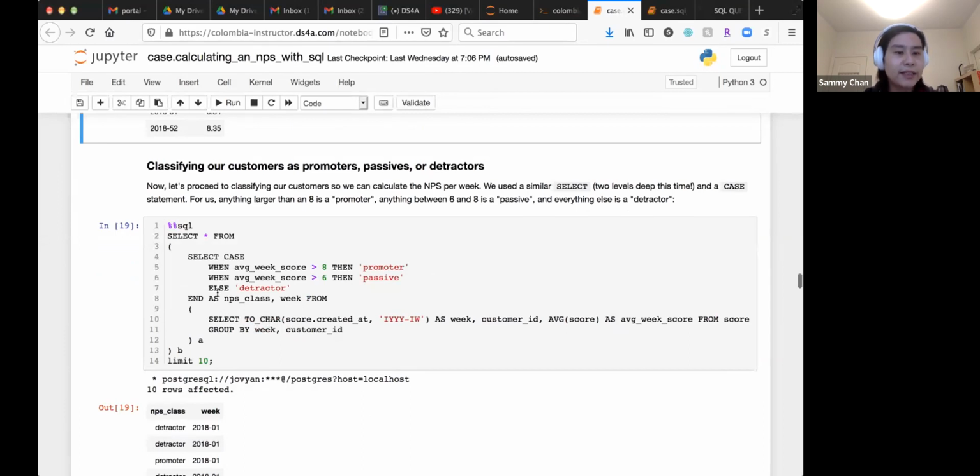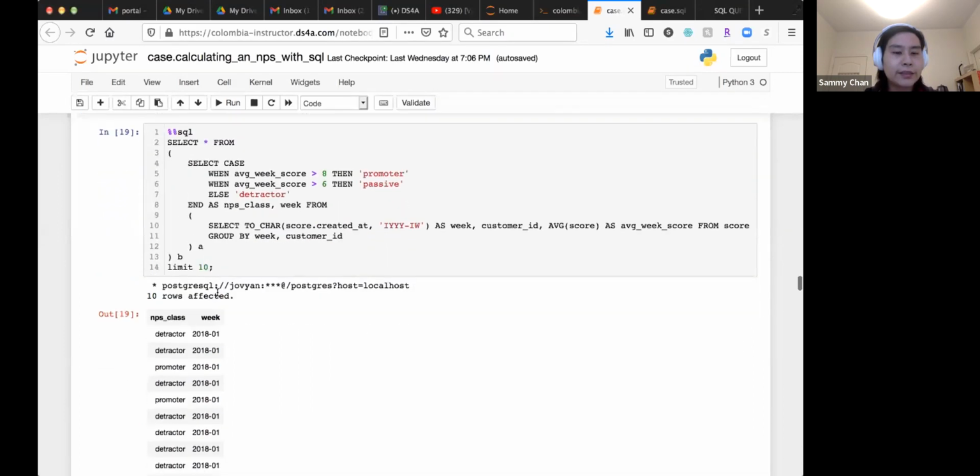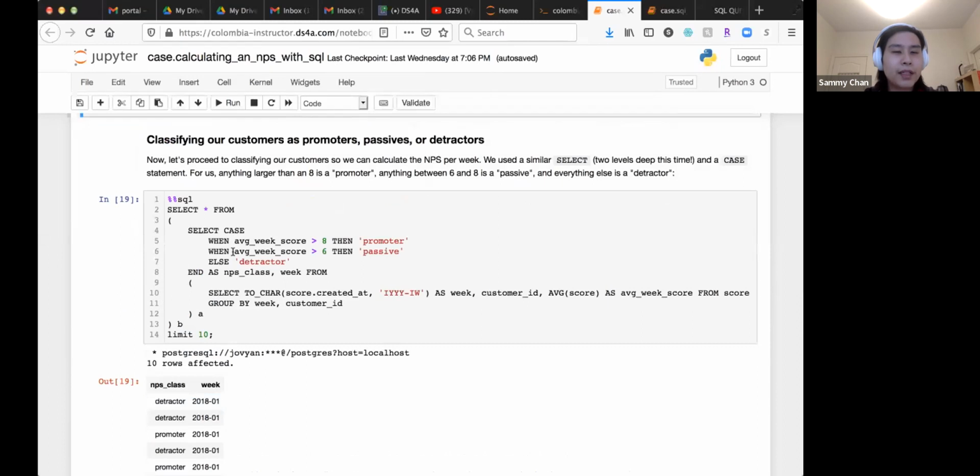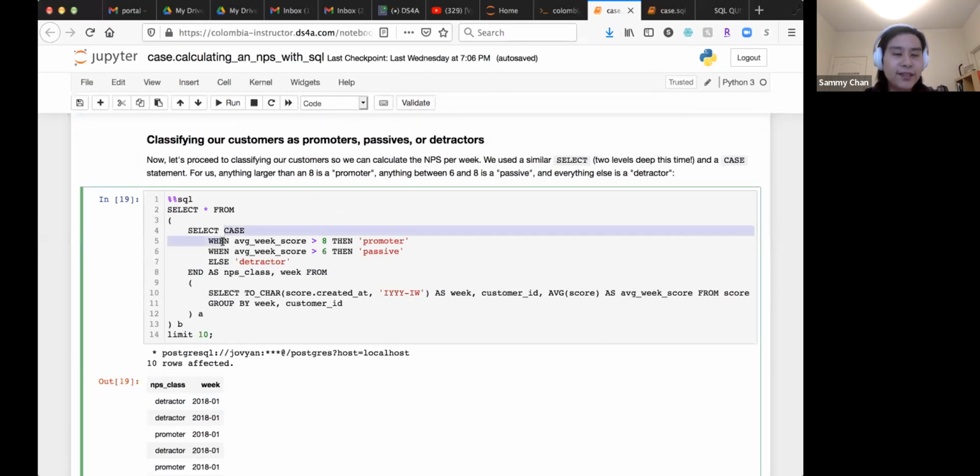And now we want to classify the customers. So here we are adding another column called NPS class, where we assign a case. So the case, this is the syntax of how we are classifying our customers.